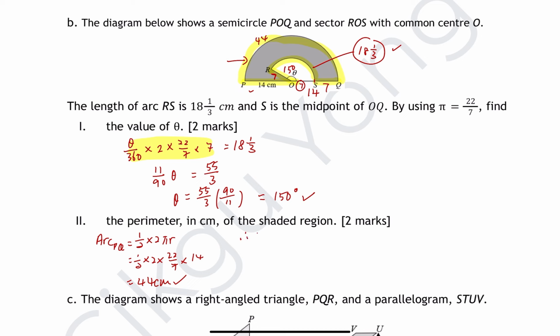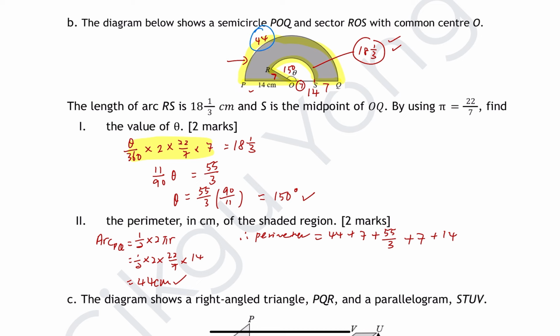Then finally, you just put your perimeter and make sure you will add all the numbers involved. You have 44 plus 7 plus 18 and 1 over 3. Again, you can change to 55 over 3 plus 7 plus another 14. So before you continue, you just recheck if every single number is being calculated.